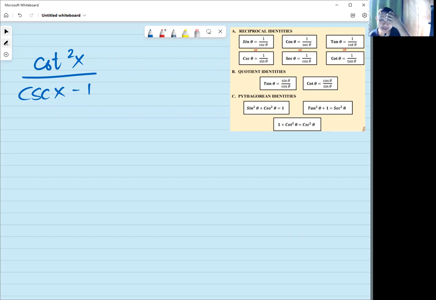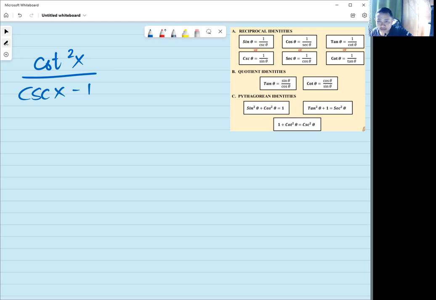Okay? Some of our classmates are now suggesting Pythagorean po ng cotangent squared x. So, one is suggesting, let's change it po to Pythagorean. Yung isa naman, make cotangent po as cosine or sine.